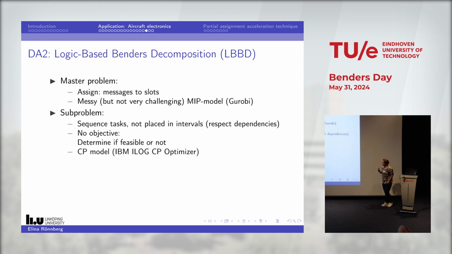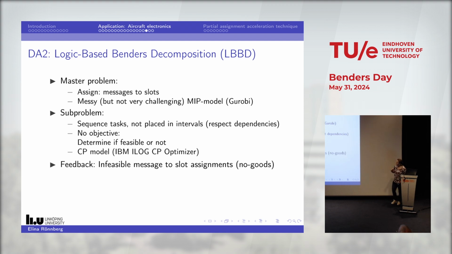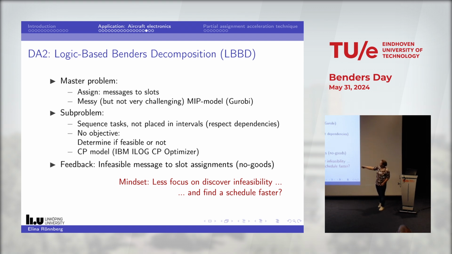We use IBM ILOG CP Optimizer, and our feedback mechanisms are these no-good cuts. So here, this master problem is very unlikely to detect infeasibility. That is something that we know from our tests because it's a more relaxed problem. But it helps us find a feasible schedule faster if it exists.